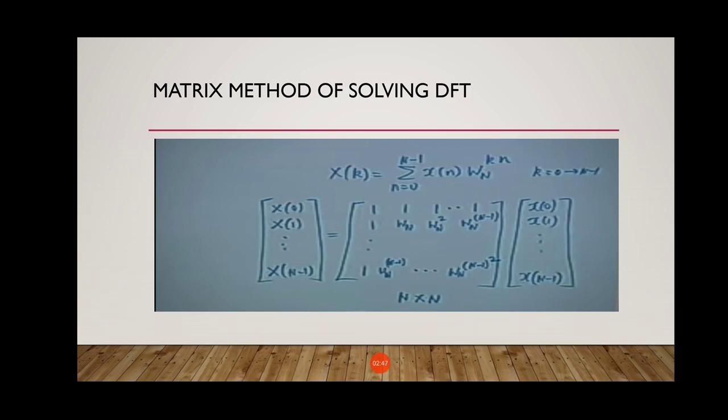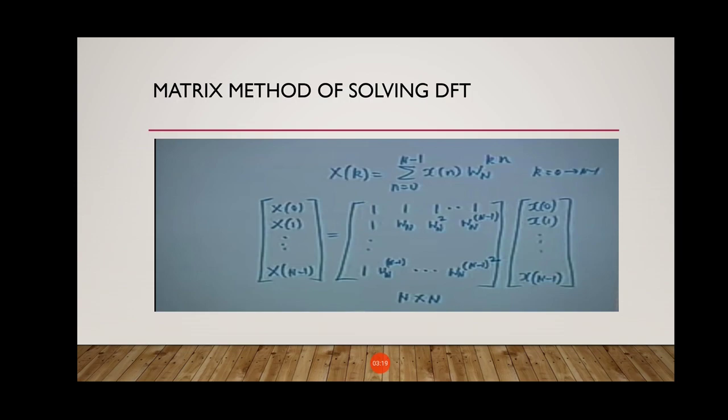Now, the second component of the second column will be W_N to the power, k is fixed at 1, n is also 1. That means W_N to the power 1. Similarly, the second component of the third column will be W_N to the power, k is fixed at 1, n is 2, so you have W_N to the power 2.